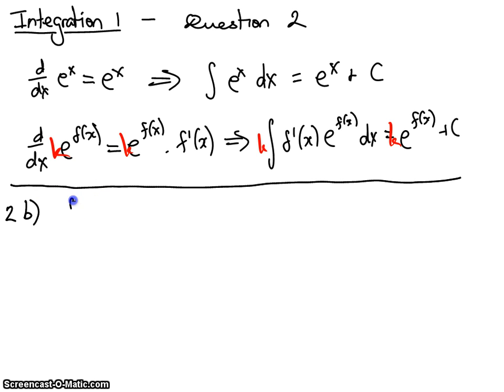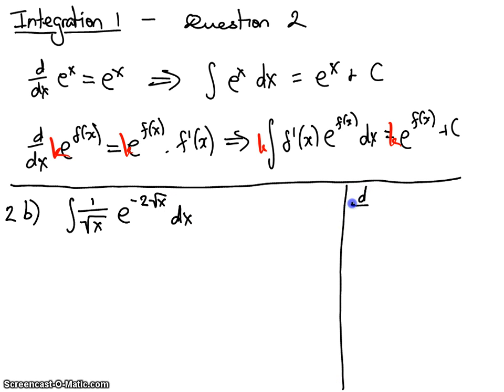In 2b we're asked to integrate 1 over the square root of x, e to the negative 2 root x, with respect to x. Well, a good thing to check first would be if I differentiated e to the negative 2 root x, what would I end up with? First of all, differentiate the whole thing with respect to the top.